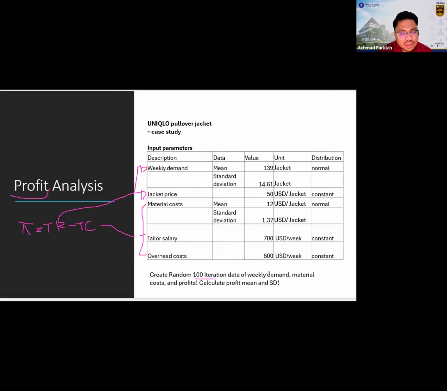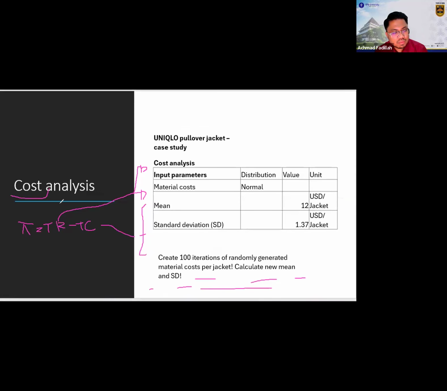With this simulation, it is possible to calculate the weekly demand, material cost, and even the profits, to calculate the profit mean and standard deviation. That's the context. The first context, we talked about the cost only in the material cost because it has a fluctuating condition.